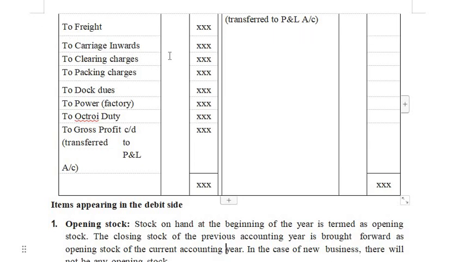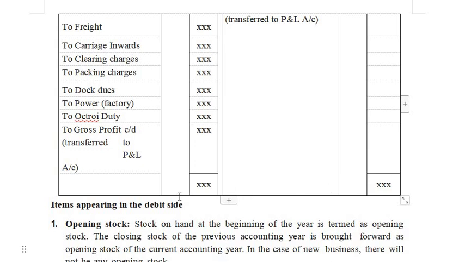Then you have to balance the trading account by totaling debit and credit. The side on which the amount is more, you take as the total value of the left-hand side and right-hand side, that is debit side and credit side. Suppose in this problem you are getting the debit side total as only 6 lakh rupees, but the credit side total is 11 lakh rupees.